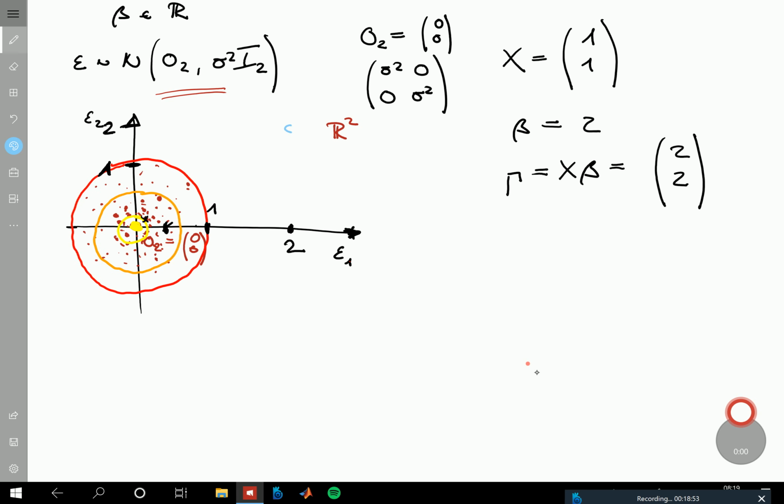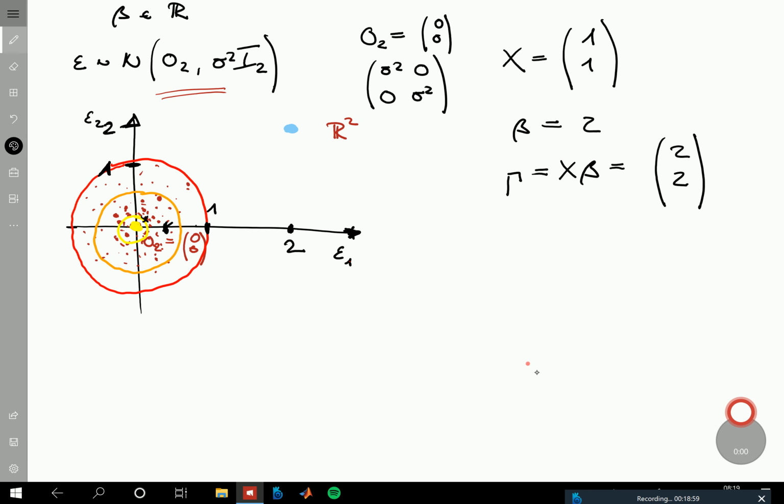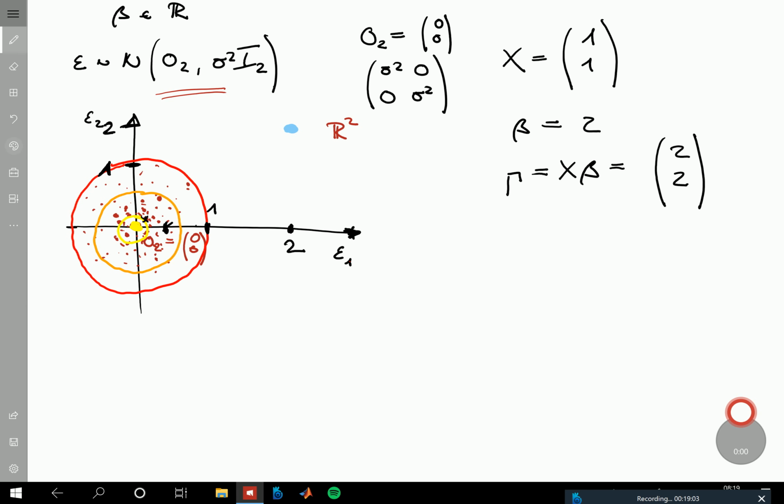This is what you find in the script under the name linear transformation theorem for Gaussian distributions. So from 0, 0 you add 2, 2, so you get there. That's plus 2, 2, which is the same as plus X beta, and you do that to all the samples.